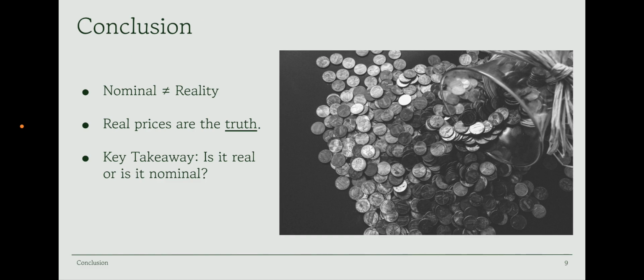The main lesson of this topic is simple: nominal values do not reflect reality. Real values, not nominal values, give us the truth and the whole picture of the economic standpoint that you are at. So whether it's wages, your savings account, or asset prices like a car or a home, it's always important to ask: is that change in that amount real, or is it just nominal?